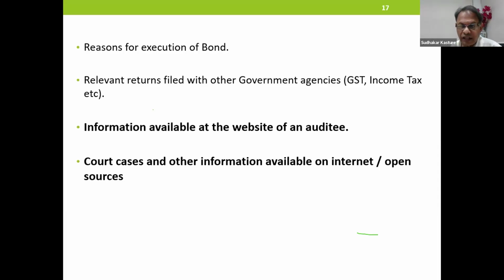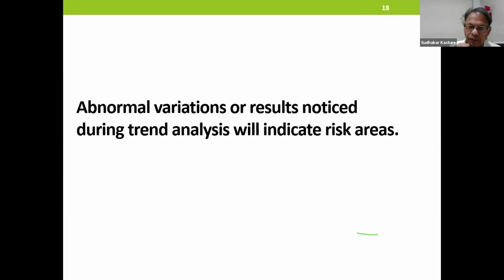These are all resources available with the government with which they can check, they can prepare their own details, and they can decide to take premises-based audit or not. Abnormal variations or results noticed during trend analysis will indicate risk areas.